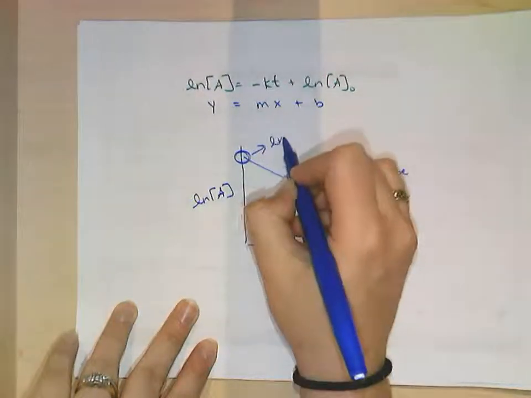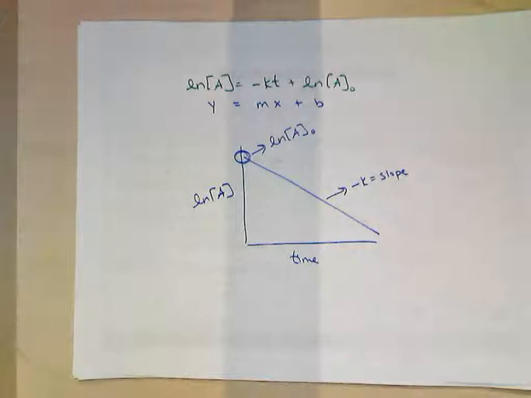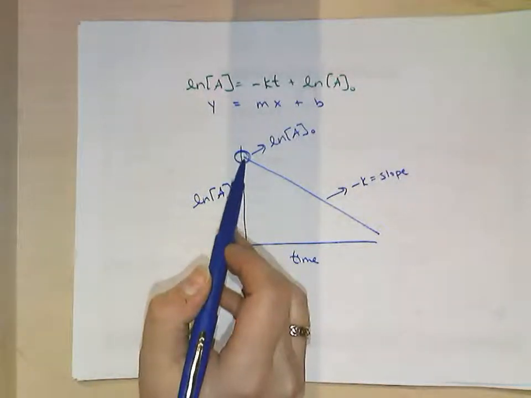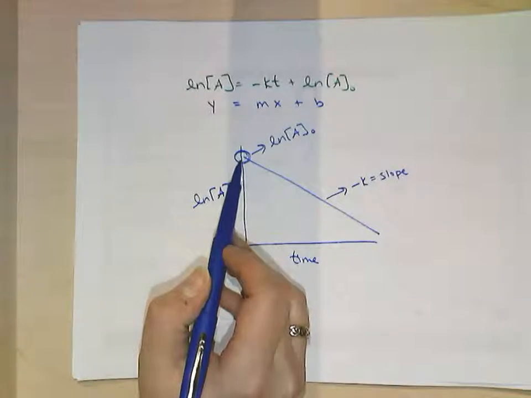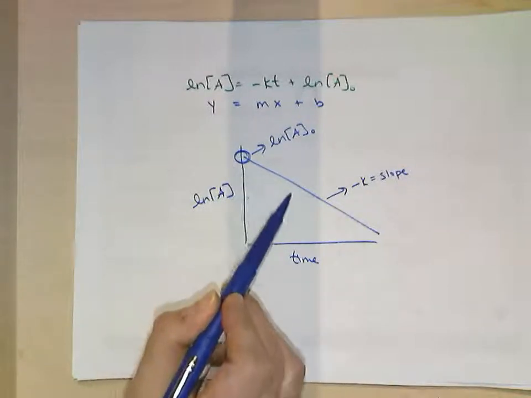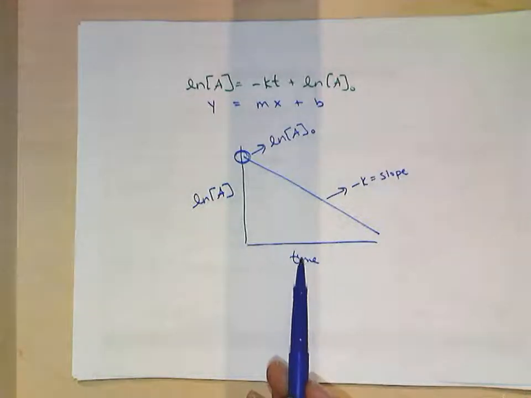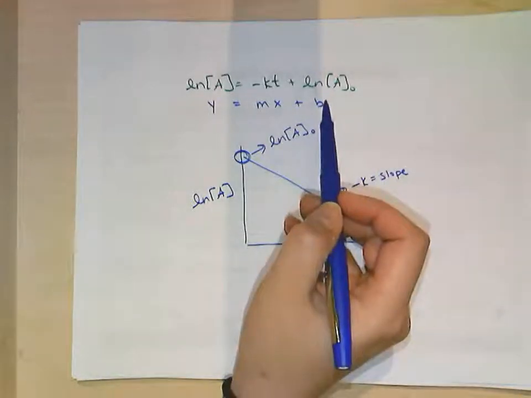Which makes sense, right? Because the highest point of this should be our original concentration. And as the reaction proceeds, the concentration will go down with increasing time. So there's going to be some questions probably on the Mastering, I think, for Wednesday. If you see a graph like this, you know it's this equation. And you should be able to plug things in from the graph, points from the graph.